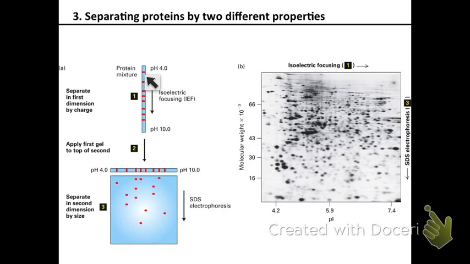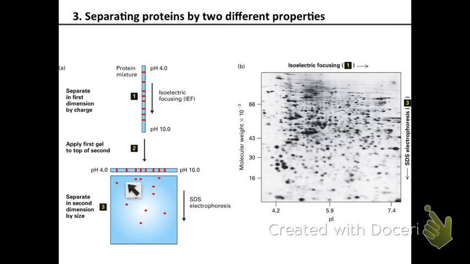And then you take this little gel piece and put it on top of another gel, now horizontally, so that all the acidic proteins that were separated are on the left-hand side of this little gel strip, and all the basic proteins are on the right-hand side. Now you separate them by size.